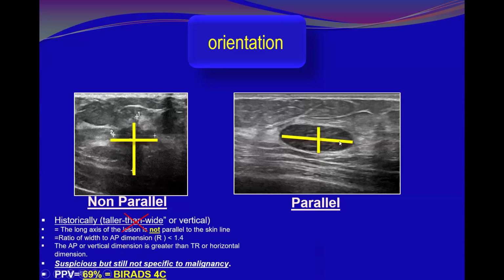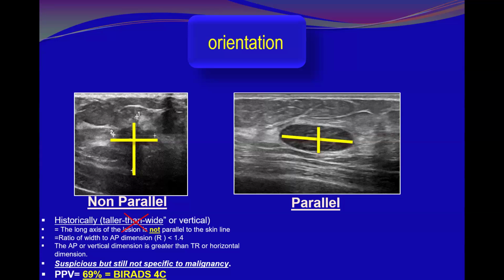What is the long axis? It is the longest dimension of the mass, or the greatest dimension of the mass. Here, the greatest dimension of the mass is the transverse, while for this one, the greatest dimension is the vertical one, the anteroposterior one, okay?